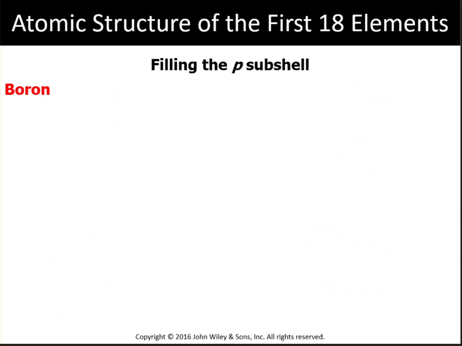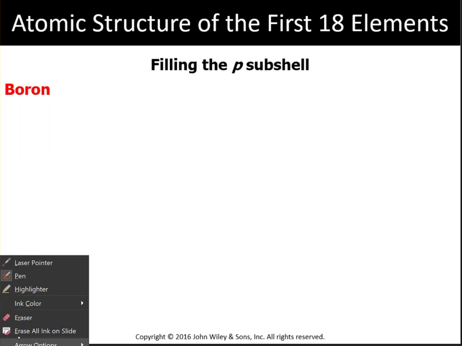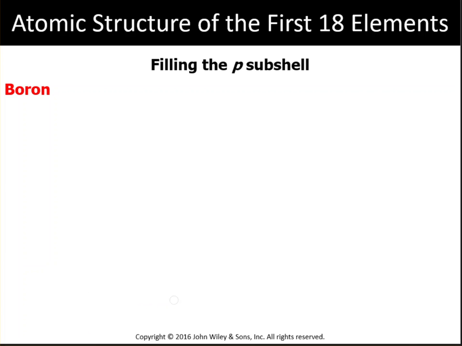Now let's move on to elements where the p sublevel is being filled up. So for boron, boron has 5 electrons. So the electron configuration for boron is 1s2, 2s2, 2p1.